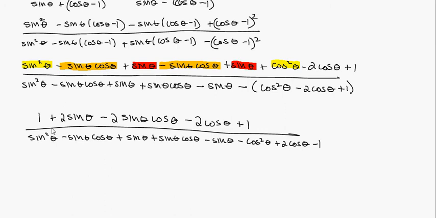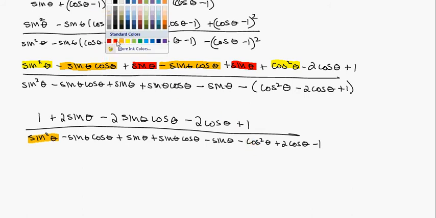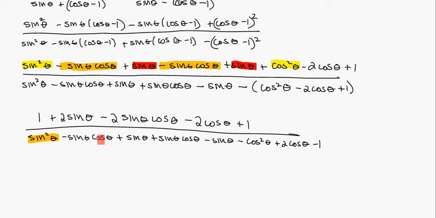So now let's do some canceling. Sine squared, and there's really no canceling to be done with the sine squared, so that was a bad example. So let's choose a different color. These two cancel, so they're gone. I don't need to write them down. As well as this and this, they're gone. So I'm really just left with sine squared minus cosine squared and 2 and minus that.